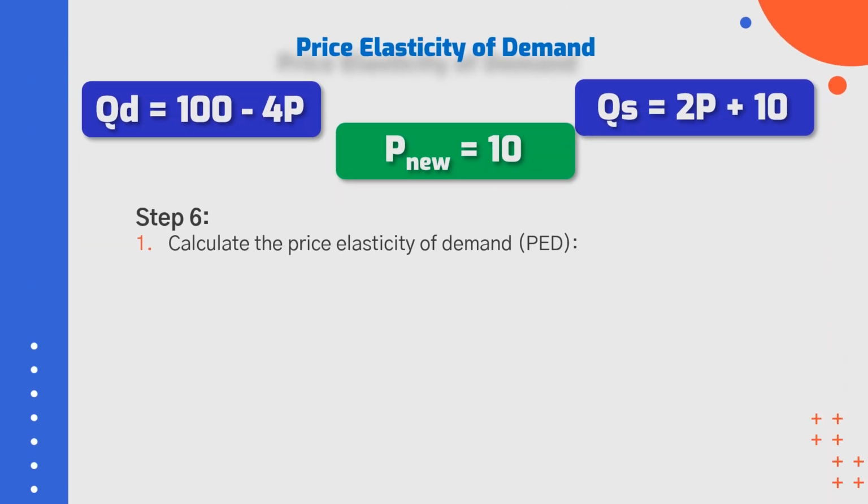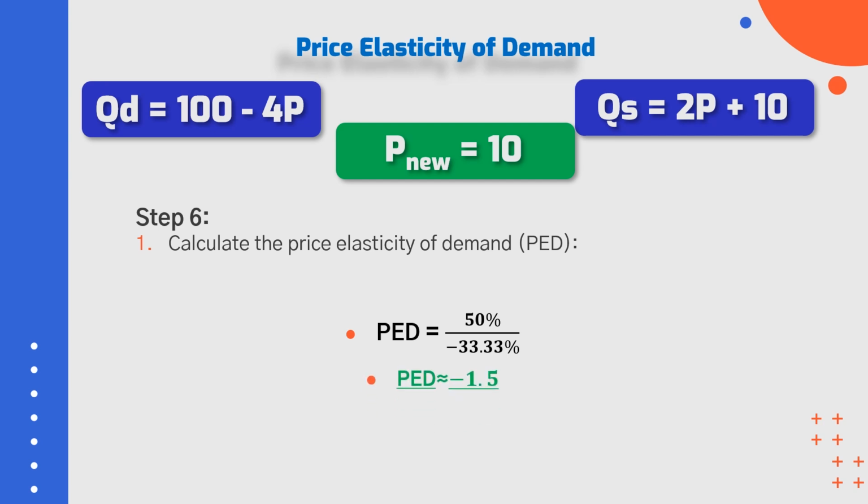Step 6. Calculation of the price elasticity of demand, or PED in other words. Remember, the formula is the following. PED equals percentage change in quantity demanded divided by the percentage change in the price. PED equals 50% divided by minus 33.33%, which gives us the value of roughly minus 1.5.